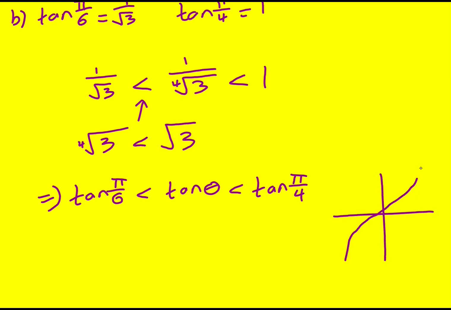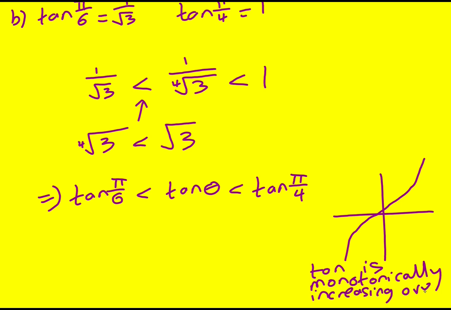And I drew a diagram already, but tan is monotonically increasing. That means it just always increases over the interval. I know it has discontinuities. So maybe I'll say over 0 less than theta less than pi over 2.